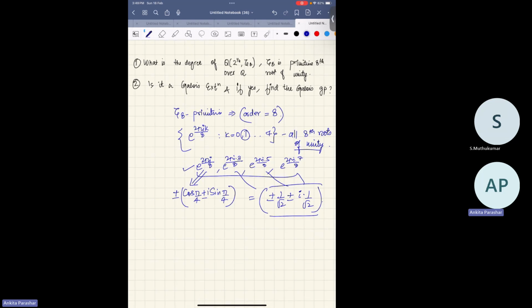Okay, now let me take this one: 1/root 2 plus i/root 2. All are equally good. I will take this one. Now, we want to know the degree of Q(2^(1/4), 1/root 2 + i/root 2). Can you simplify this extension?